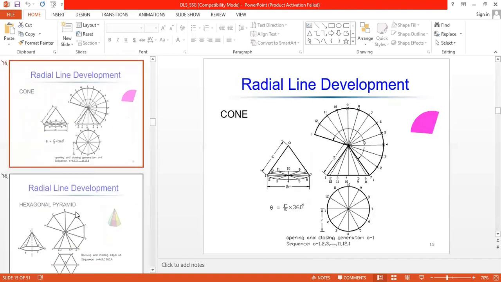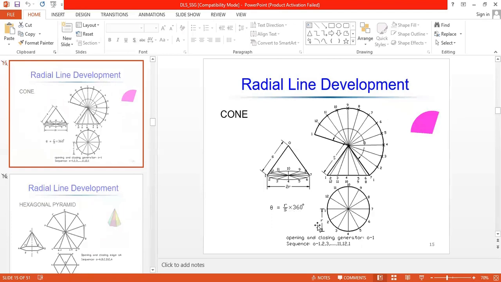Then this is the radial line method. We take an arc from this length, draw an arc, and at that time the center is the vertex of this. Then the formula for this angle is theta equals small r by capital S into 360.